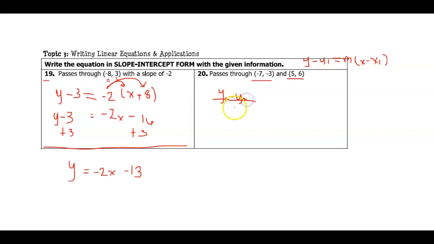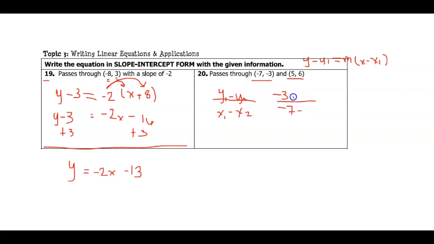And the big thing with slope is make sure whatever point you start with, you keep their x's aligned when you're finding slope. Okay, so I am going to start with negative 7, 3. My y on this first point is negative 3, which means my negative 7 has to go first in the denominator.